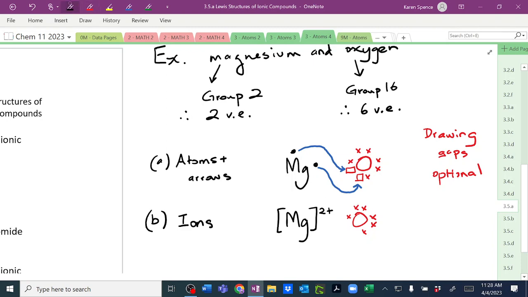And then we have the 2 electrons that it got from the magnesium. Okay, and because it gained 2 electrons, its charge is 2-. And you'll notice we have a 2+ and a 2-, so the overall charge is 0.